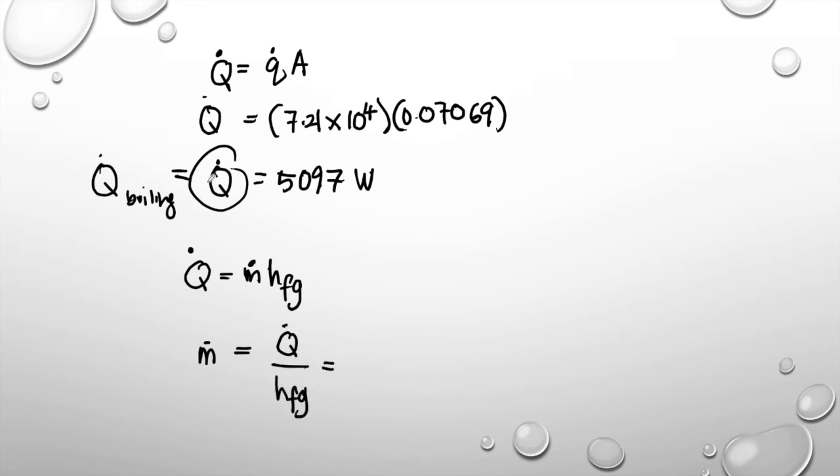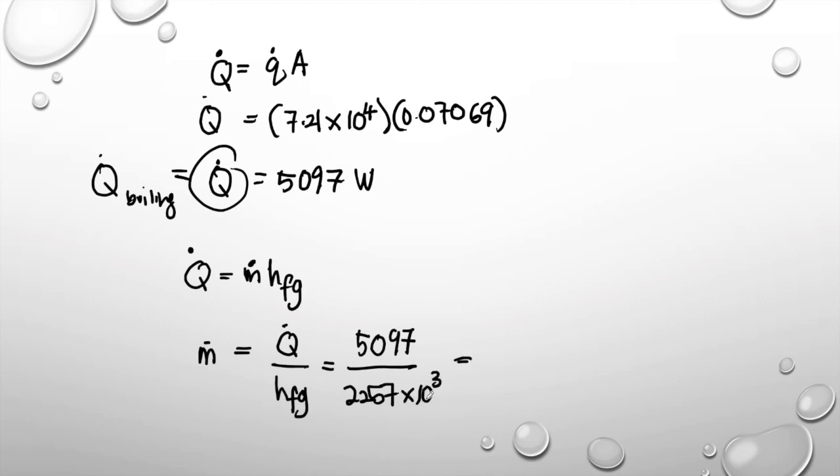Your Q dot is 5097, and you divide by h_fg, the property you referred to previously at 100 degrees Celsius, which is 257 times 10 to the power of 3.